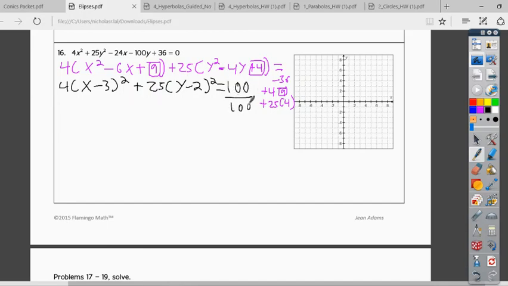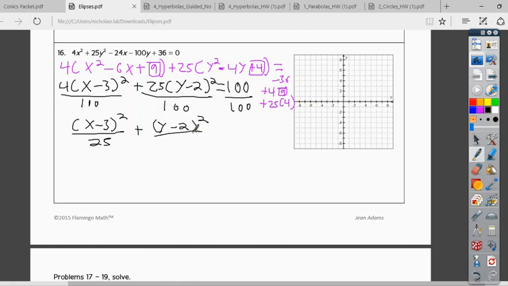Divide each side by 100. You will have (x - 3) squared over 25 plus (y - 2) squared over 4. I'm simplifying my fractions here. You can check it out for yourself. Is equal to 1.